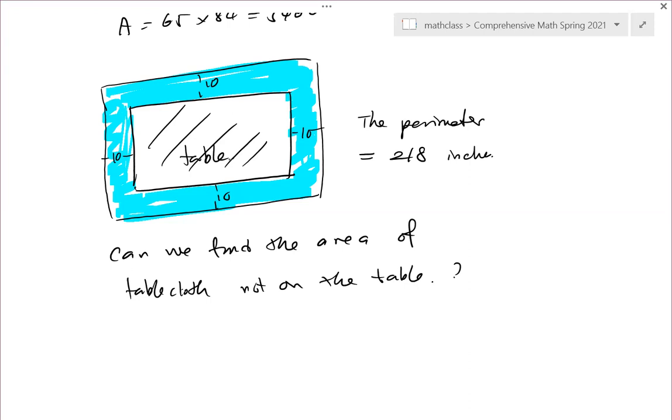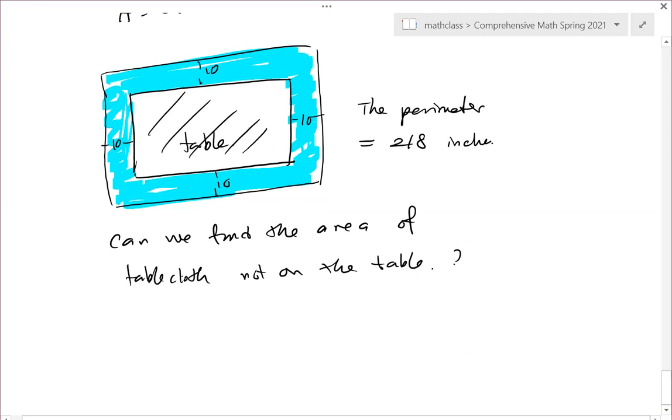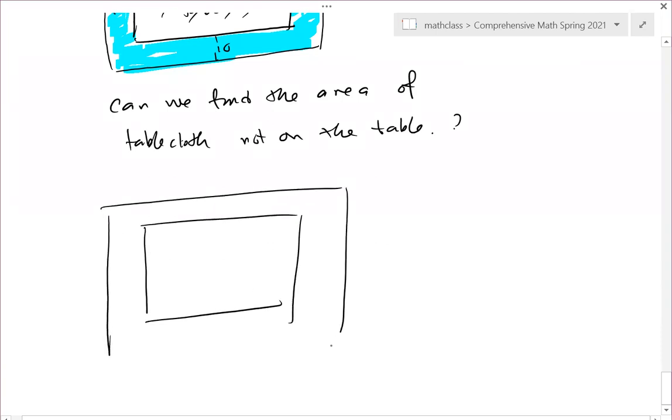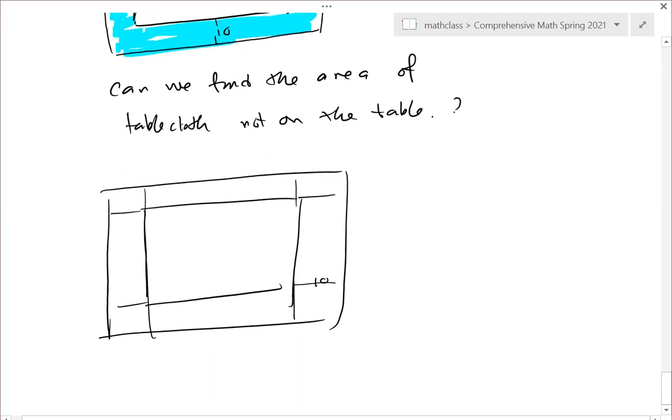Oh, yeah, Erica, what she did is a direct method. Think about that. You draw it and you have 4 corners. That's 10, 10, 10, 10.